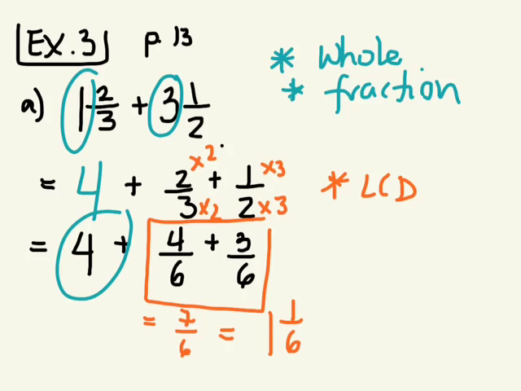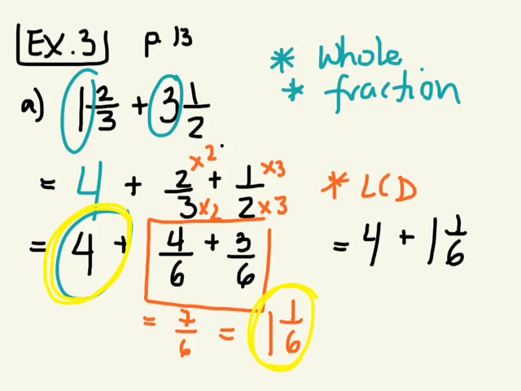Does everyone agree? So we actually have altogether, back to the question, we had 4 wholes, and we have another 1 whole and 1/6. So altogether, we have 4 wholes plus 1 and 1/6. What do we have altogether? 5 and 1/6 as our final answer.